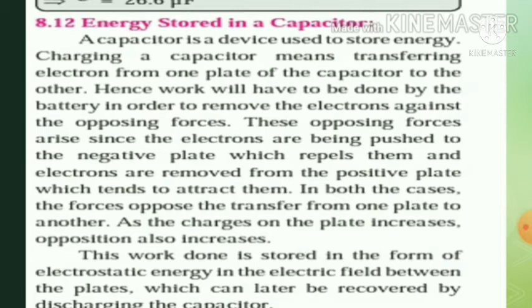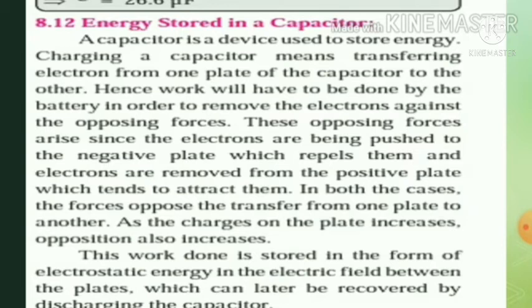A capacitor is a device used to store energy. In previous lectures we explained the concept of capacity.